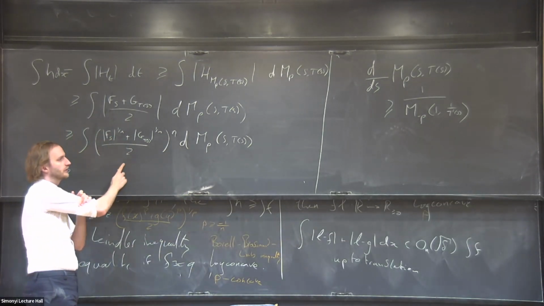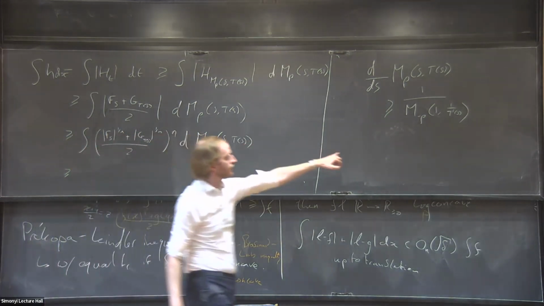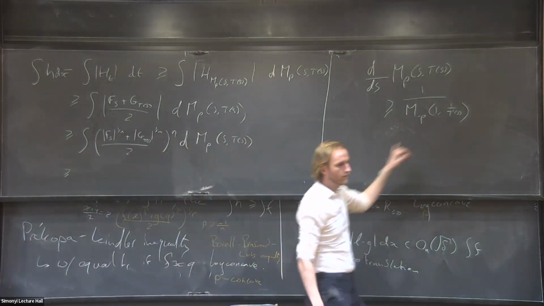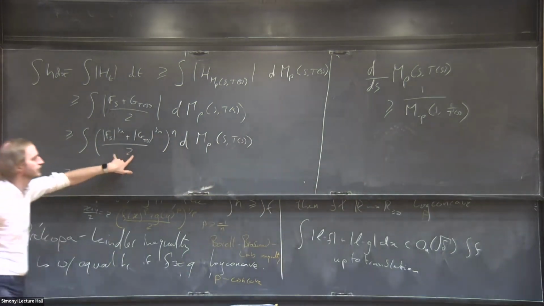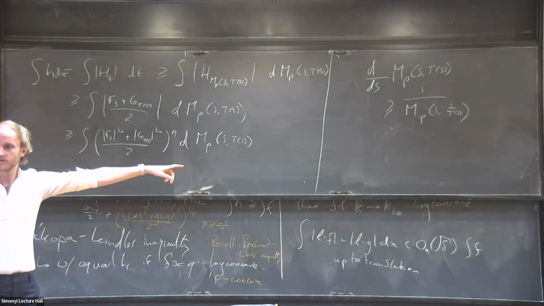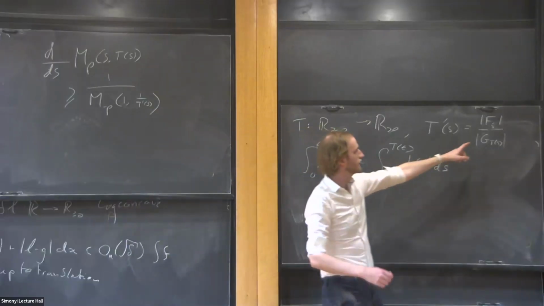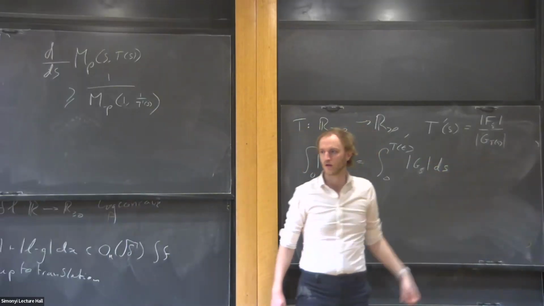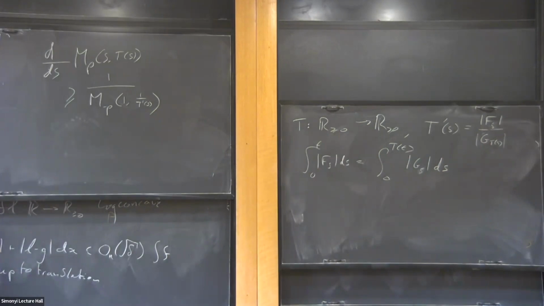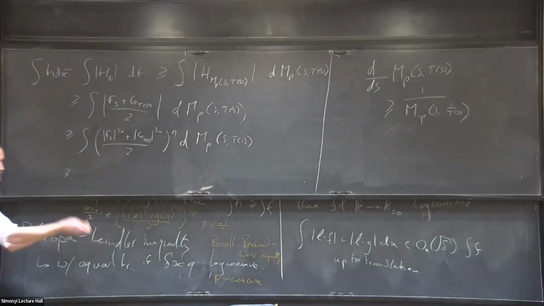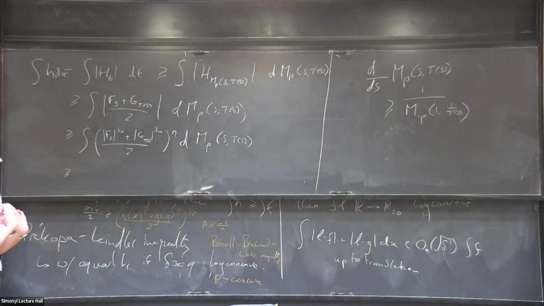Let's express this also in terms of this t prime. So here I'm going to get something in terms of t prime. This might look like it has nothing to do with t prime, except that if we remember what t prime was defined as, it actually says something about this f of s and g of t of s. So I can rewrite this average here to pull out f of s.